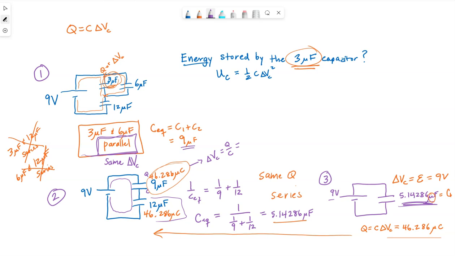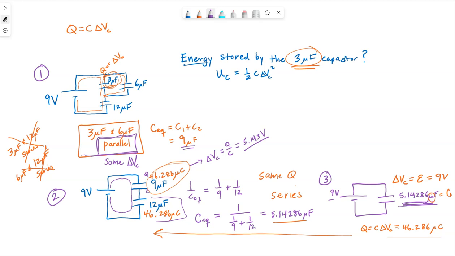So that charge I have divided by 9 gets me to 5.143 volts. Okay, the equivalent of the 3 and 6 in parallel has a voltage drop of 5.143 across it.